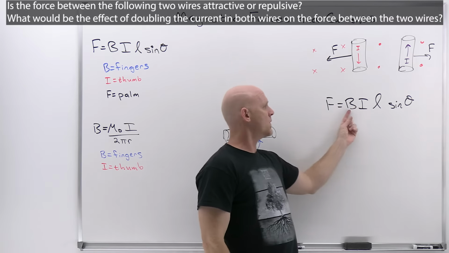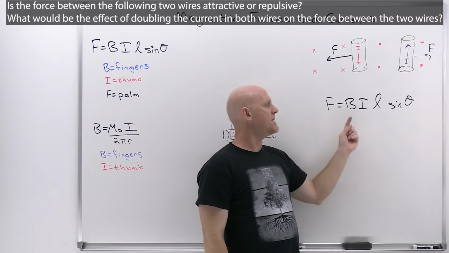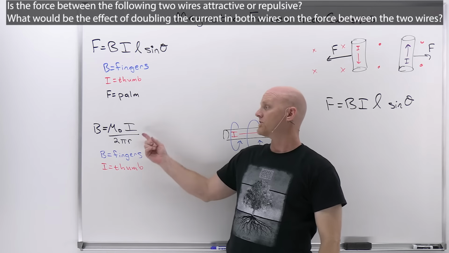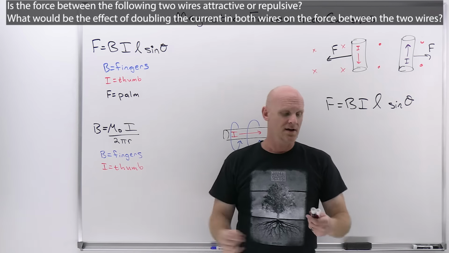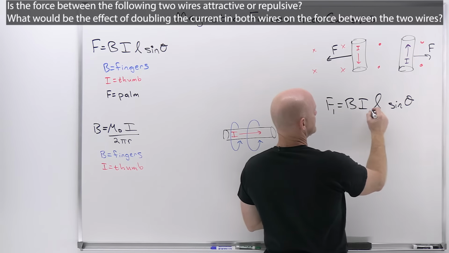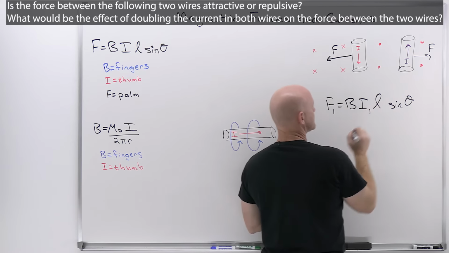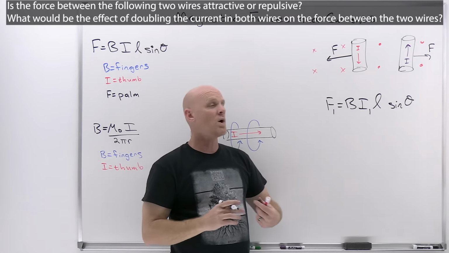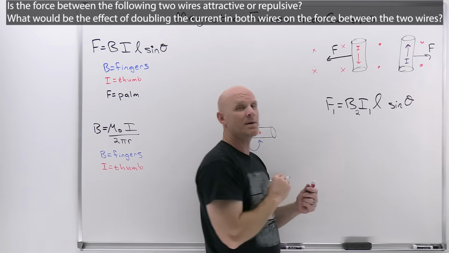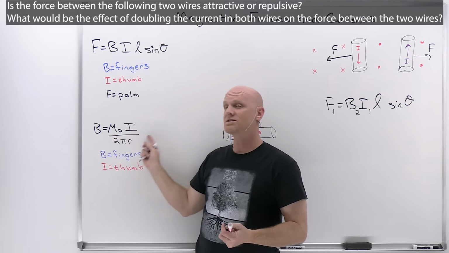And the one thing we missed is, where does this magnetic field come from? Well, the magnetic field that's a part of this equation for the force on the other wire is from this equation. And so maybe I call this the force felt by wire number 1, which is related to the current in wire number 1, but it's related to the magnetic field created by wire number 2, which involves this equation.